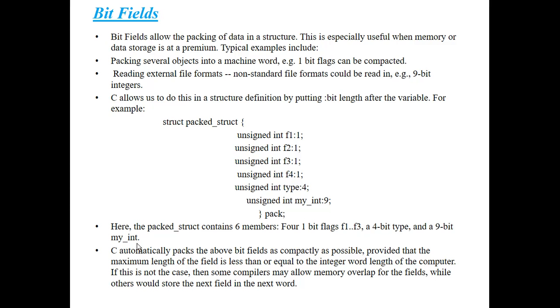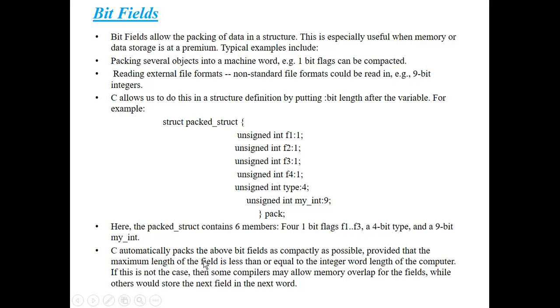So the structure, combining the bit field concept, packs different types of data. How does the compiler pack the data? C automatically packs the bit fields as compactly as possible, provided that the maximum length of the field is less than or equal to the integer word length of the computer.